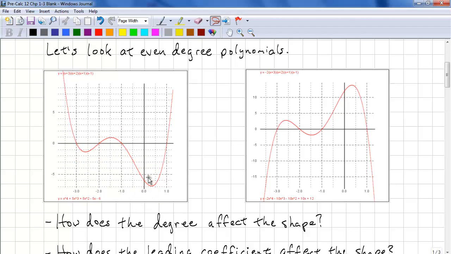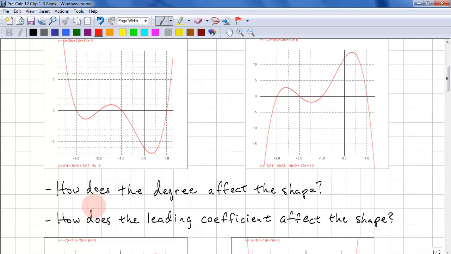There's 3 valleys and hills here, and it's a degree 4. So it looks like the degree is greater than the number of hills and valleys.